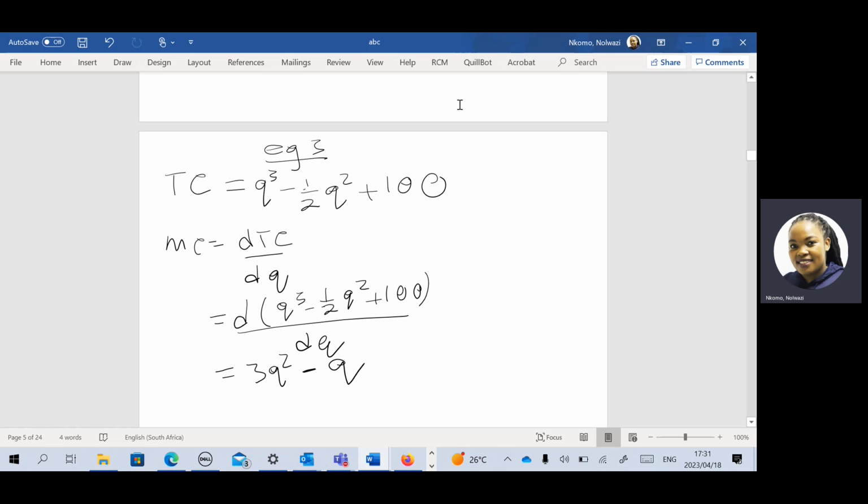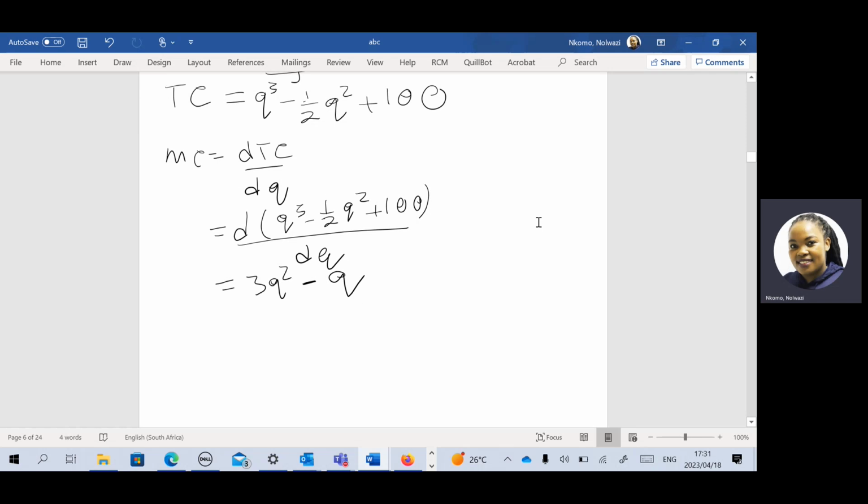So this means our marginal cost is equal to 3Q squared minus Q. Okay, suppose we are given a quantity as 10, and we are asked to find, like, after producing or selling 10 units, what would be the cost of one more unit, like the 11th unit?